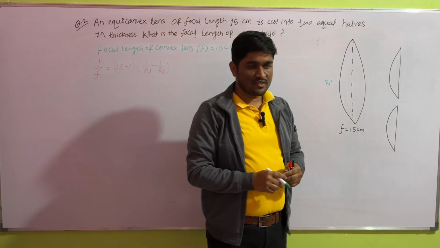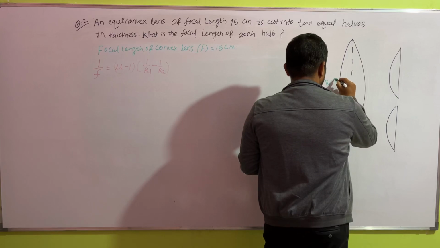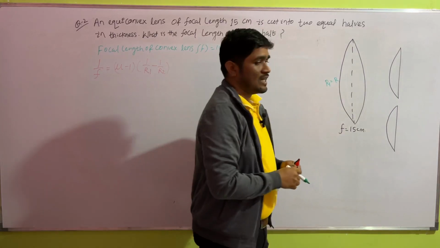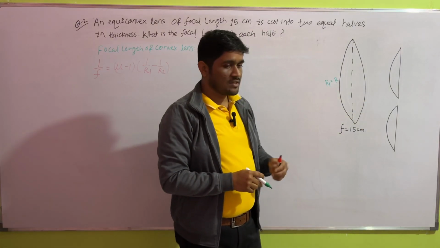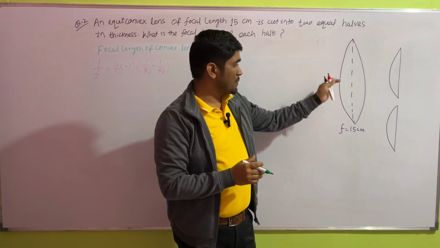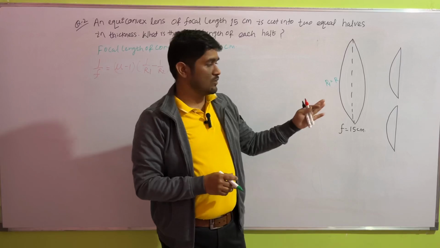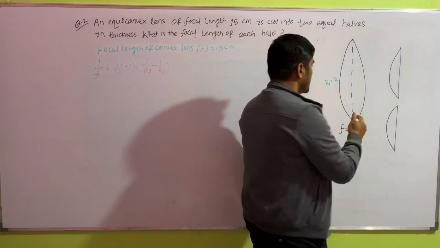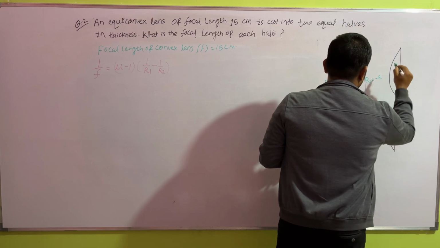So for the first surface you can take the radius of curvature as positive, this is r, and for the second surface both the center of curvature and focus lie left of the optical center. So by using sign convention they will be negative, and you can write r2 as minus r.